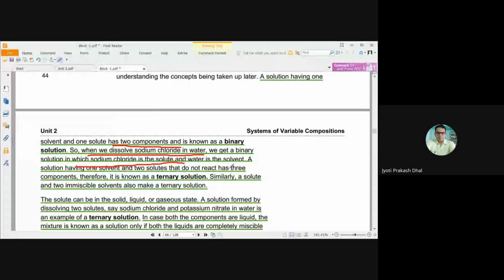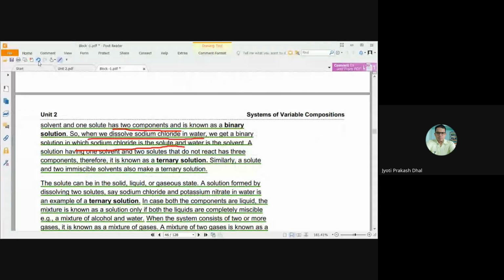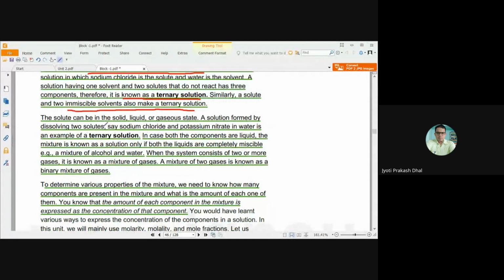And a solution having one solvent and two solutes, if they do not react with one another, is called a ternary solution. Similarly, a solute and two immiscible solvents also make a ternary solution. The solute can be in solid, liquid, or gaseous state.